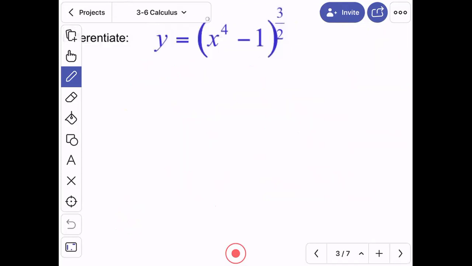All right, let's try another one. Again, pause me, try it, pick a u, take the derivative, give me the full derivative in terms of x, not in terms of u. So I'm already getting in the habit of now starting to write y equals u to the 3/2, so therefore u must be x to the 4th minus 1.